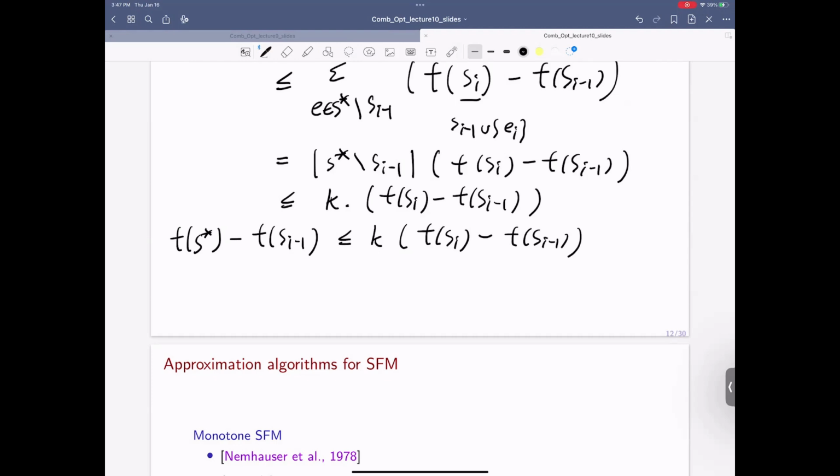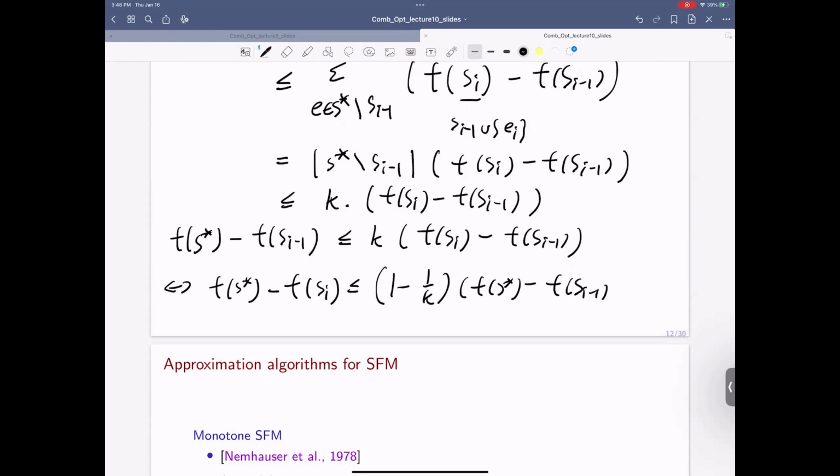And this is equivalent to f of S star minus f of Si being at most 1 minus 1 over k times f of S star minus f of S(i-1). You can just do simple algebra and you get this one. And now we are done with the claim.